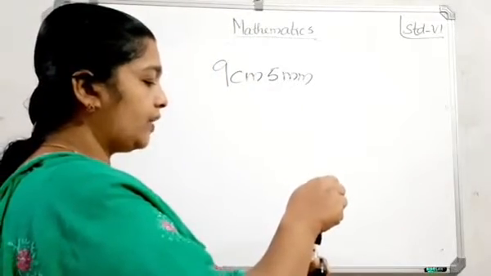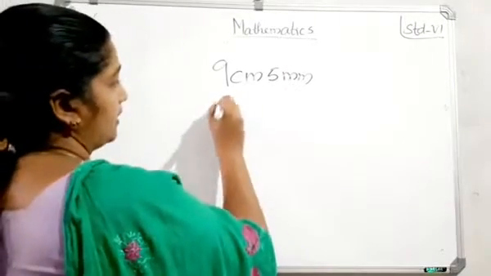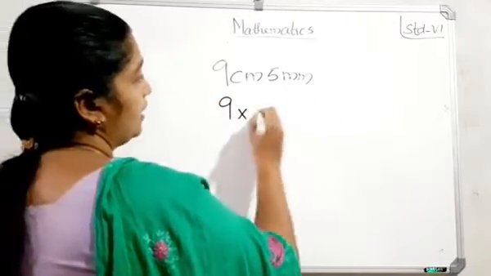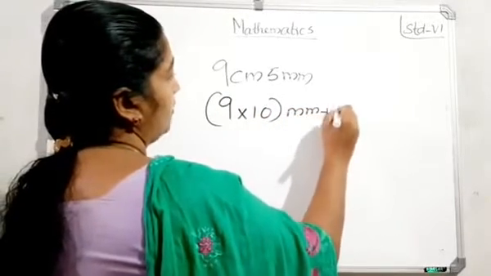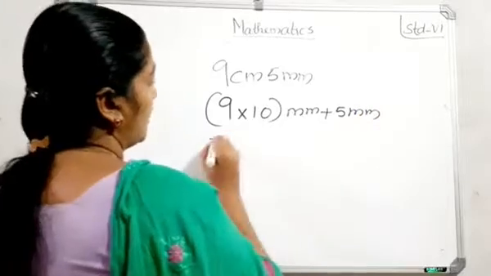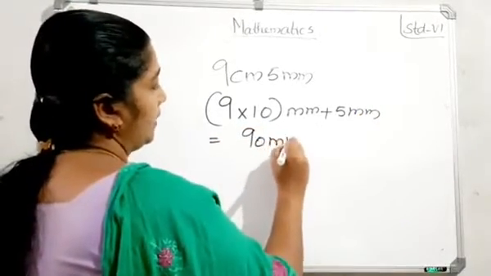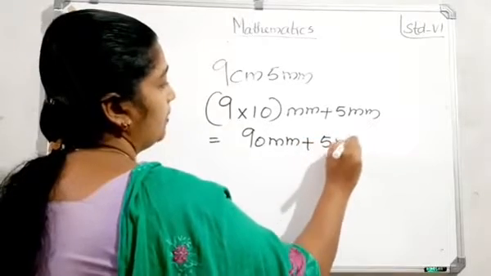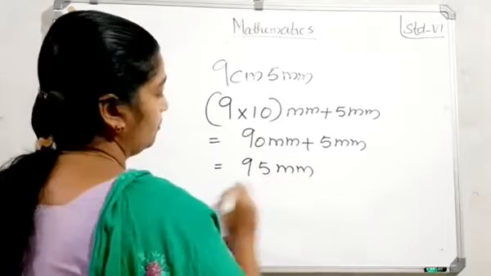Here it is given in centimeter and millimeter. First step: 9 into 1 centimeter equals 10 millimeter. 9 into 10 millimeter plus 5 millimeter equals 90 millimeter plus 5 millimeter, that equals 95 millimeter. Clear?